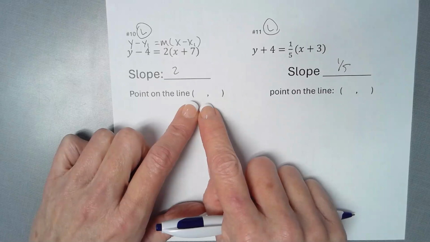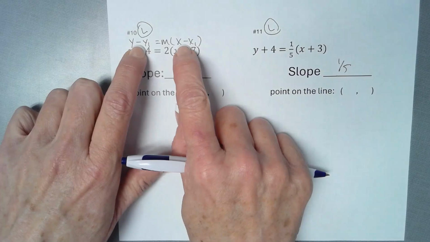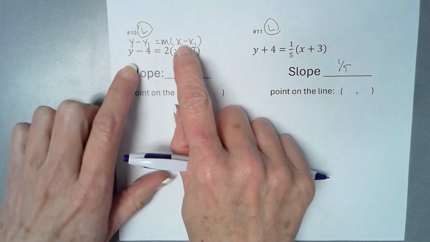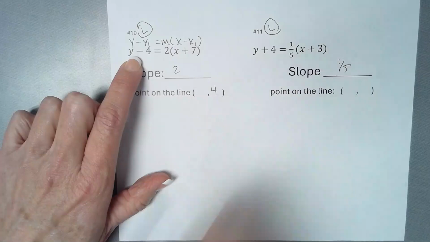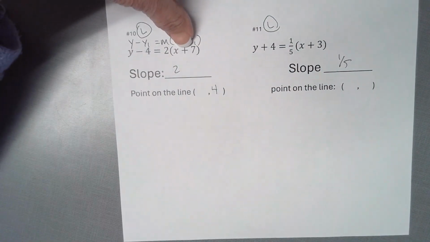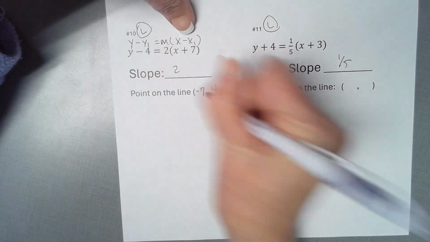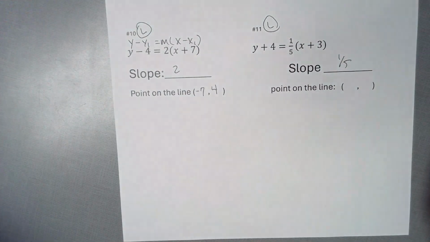Then if that wasn't hard enough, your form is telling you to take the opposite, see the minus signs? The opposite of the sign. So y'all, your y here is minus 4, so the y coordinate is positive 4. Your x here is positive 7, so your x coordinate is negative 7. So your ordered pair should be negative 7, 4.